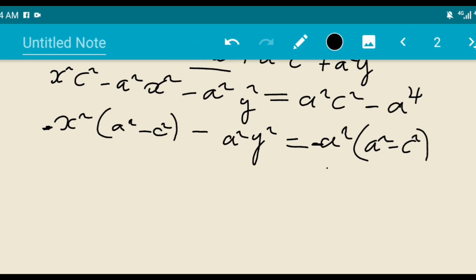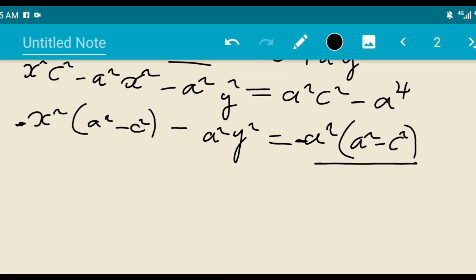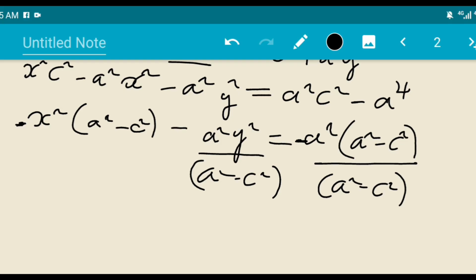Then what we now do here is this. We want to have this side of the equation to be 1. So what do we now do? We divide by a squared minus c squared. We close. We do the same thing here. This will be a squared minus c squared. We close. Then we do the same thing here.